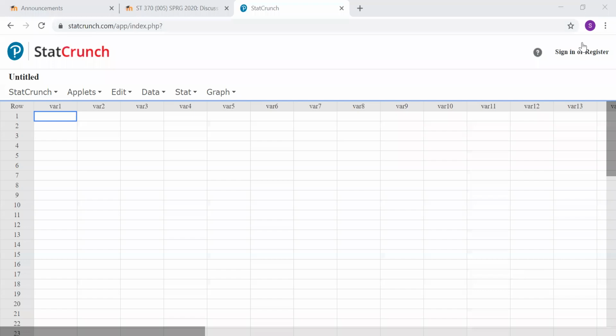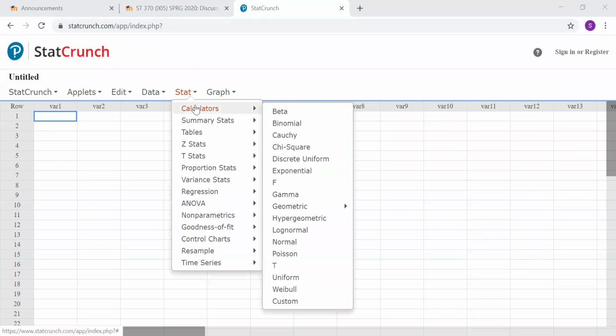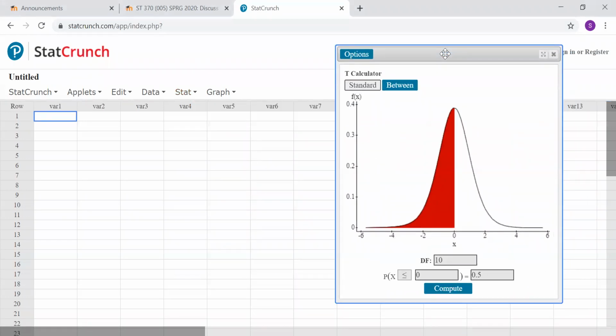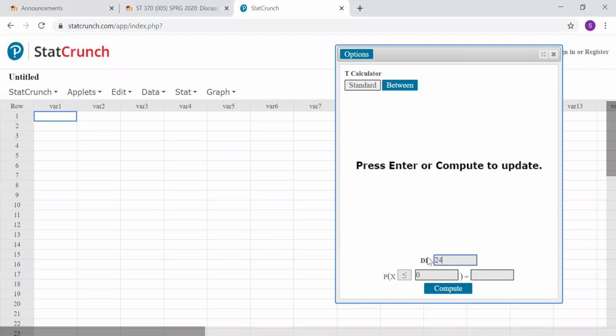So if you go to Stat, Calculator, T Distribution. What is the degrees of freedom in this question? Say it, I can't see the chat. 24. Okay, so it's 24.